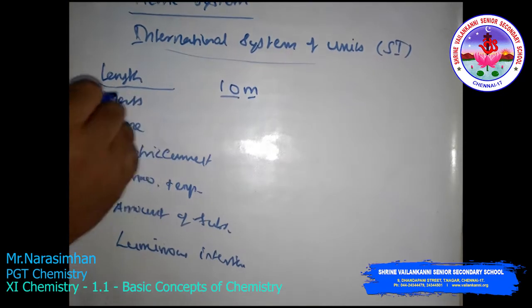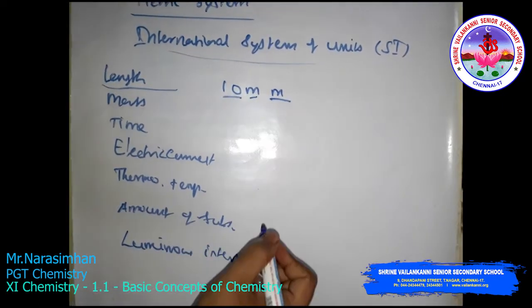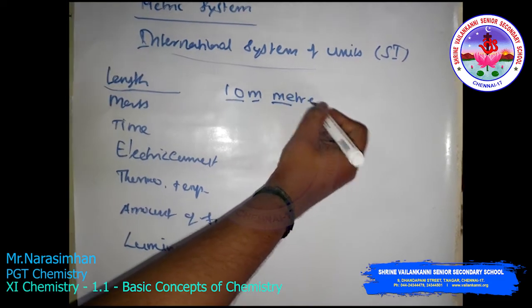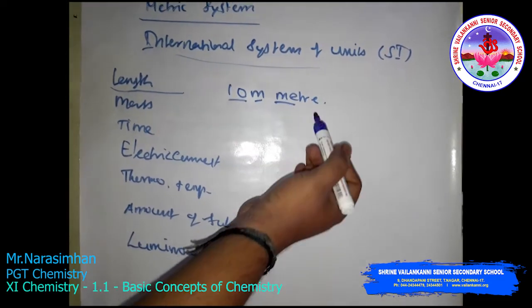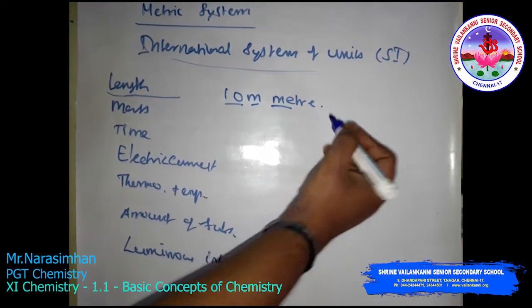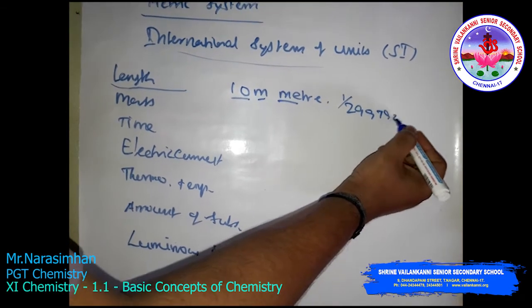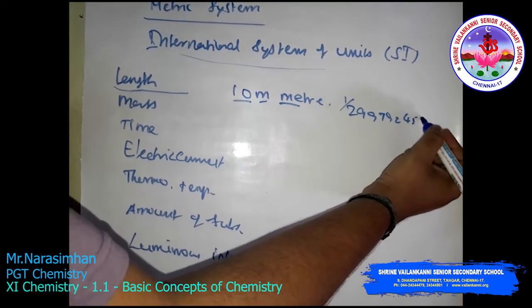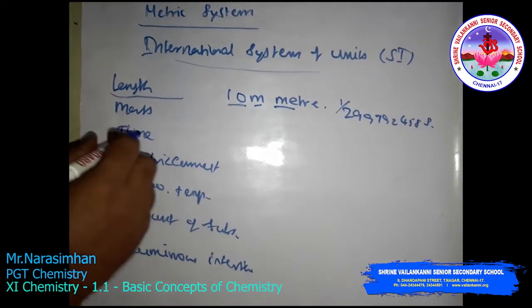The meter is the length of the path traveled by light in vacuum during the time interval of 1 by 299,792,458 seconds.